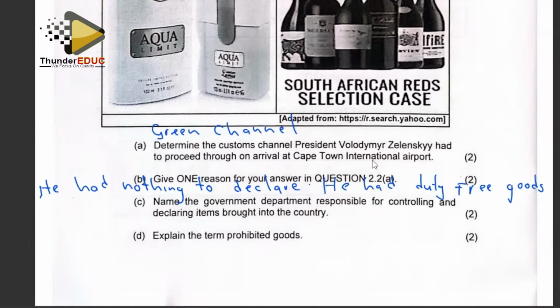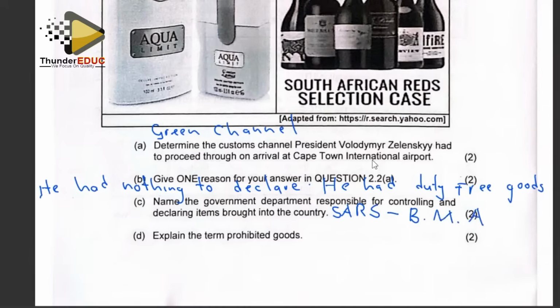Then name the government department responsible for controlling and declaring items brought into the country. That is the responsibility of SARS. But recently, the Border Management Authority, which is known as BMA, is also involved.